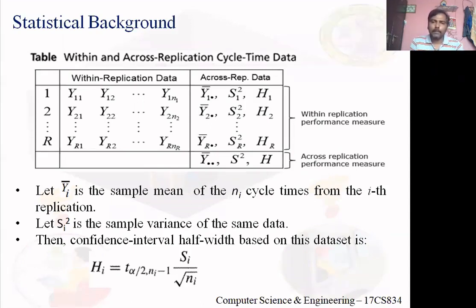Sample size means, for example, in a banking system, the number of customers for whom I'm simulating.